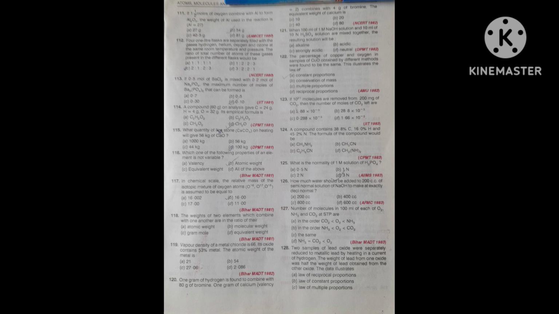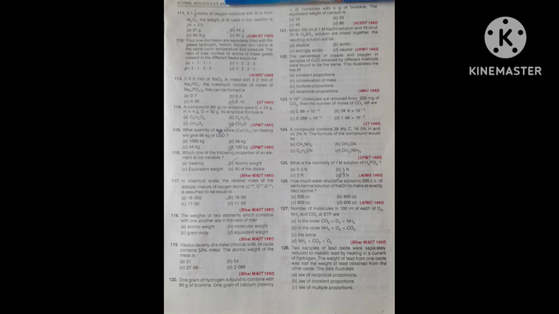Samples, more than one. Samples of CuO obtained by different methods. All are CuO only, but different methods were found to be the same. This illustrates the law of constant proportion. Okay, correct answer is constant proportion.